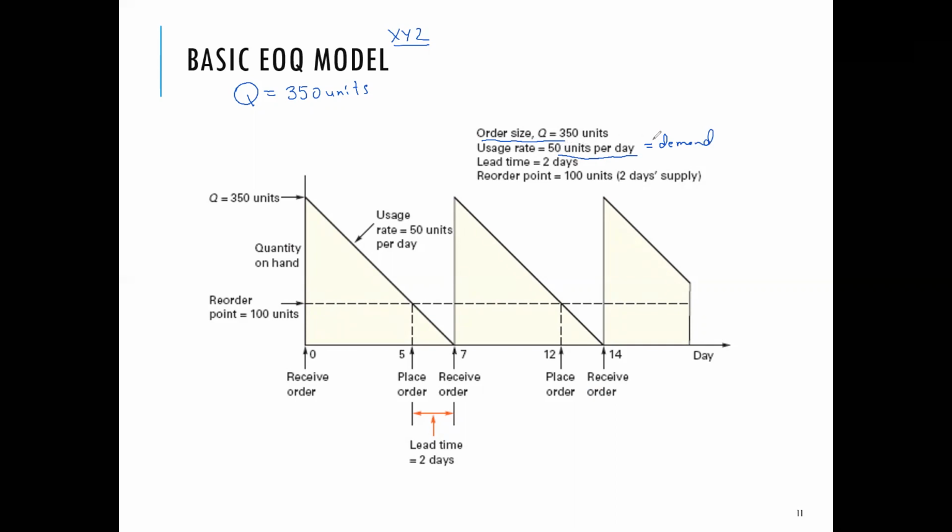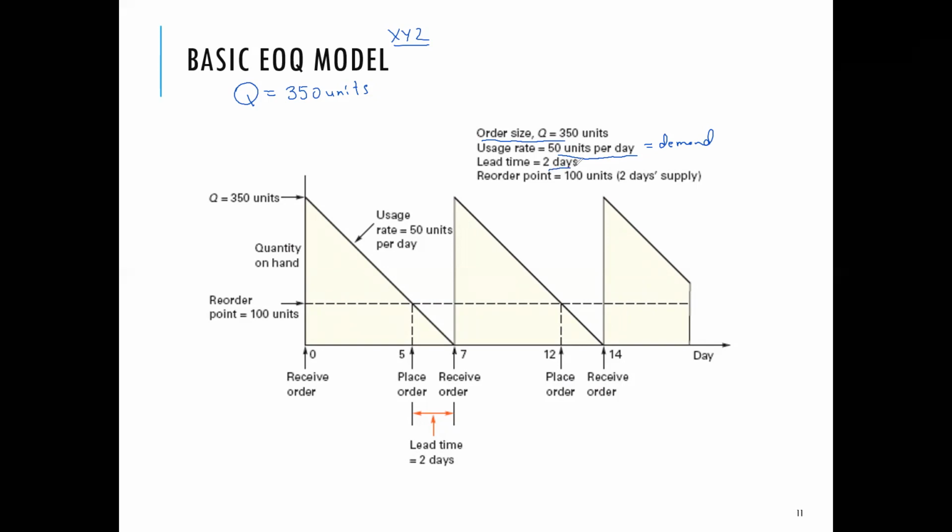This is not the average demand, this is the actual demand. So we are not assuming any change in demand, which is an assumption, but we will relax that assumption later on when we go to more complex inventory management models. For the time being, we are assuming that our demand is fixed at 50 units per day, and lead time is also fixed at 2 days.